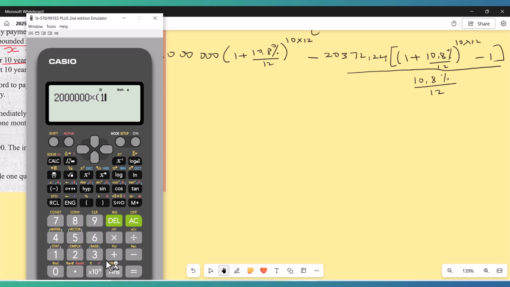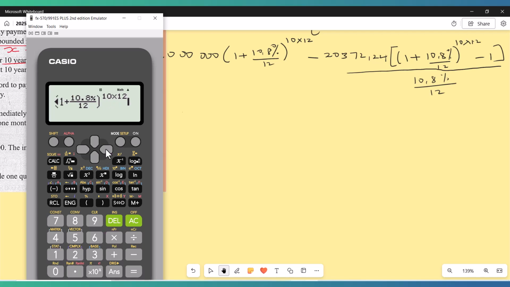The money is growing, that's the loan, then plus 10.8% divided by 12 because we are compounding monthly, and then to the power of 10 years, that's power 10 times 12.